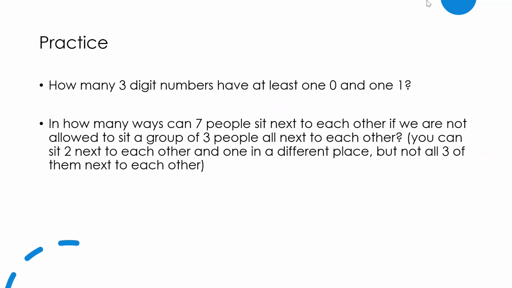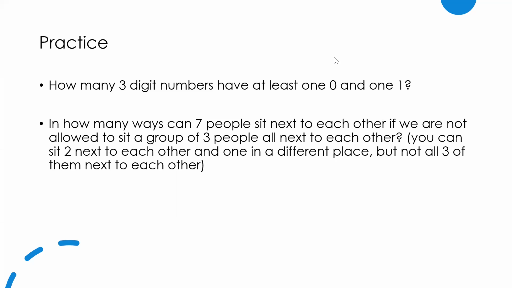Now for the second one, this one was pretty confusing. In how many ways can 7 people sit next to each other if we are not allowed to sit a group of 3 people next to each other? So this is complementary counting. We are going to count the number of possible arrangements where all 3 people are sitting next to each other.